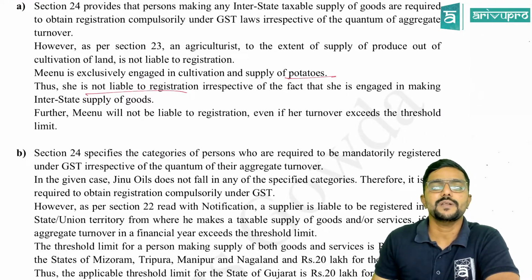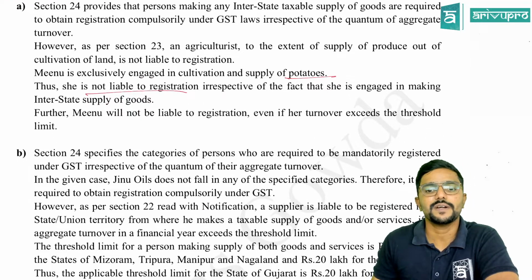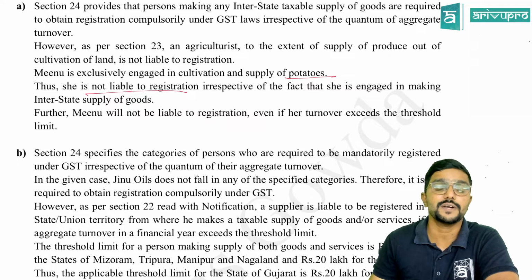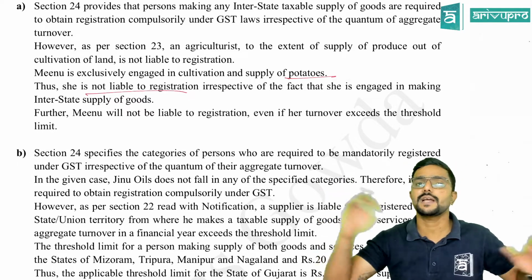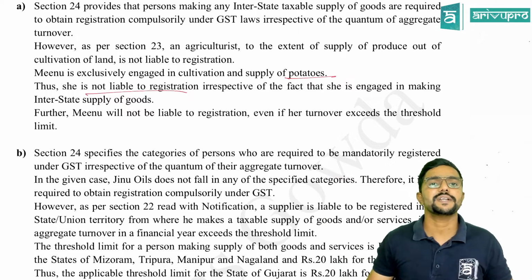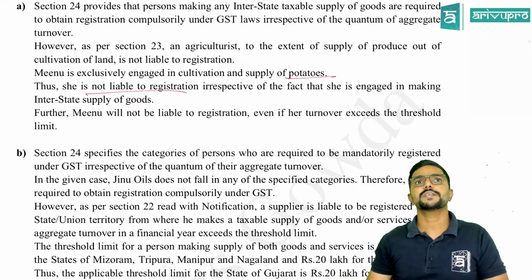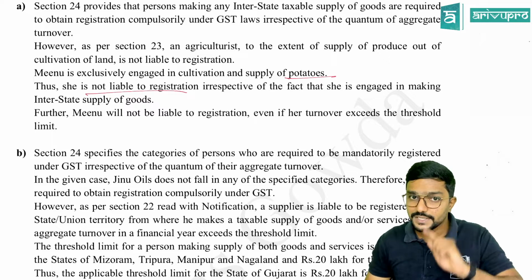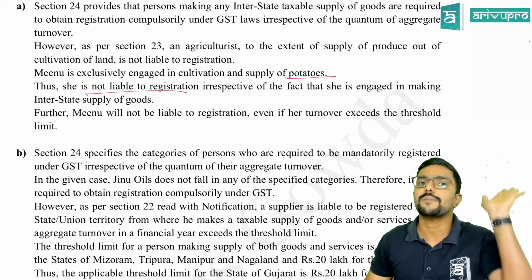Further, Meenu will not be liable to registration even if her turnover exceeds the threshold limit. Even if her turnover is more than 20 lakh, 40 lakh, 50 lakh, whatever it is, she is not liable to get registered. If you are covered under section 23 subsection 1 clause A and B, turnover doesn't matter.